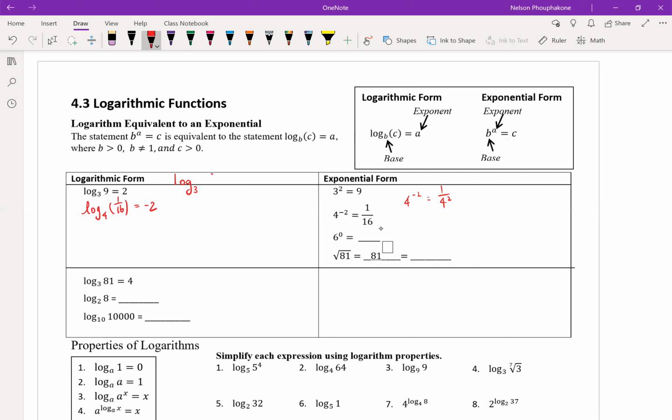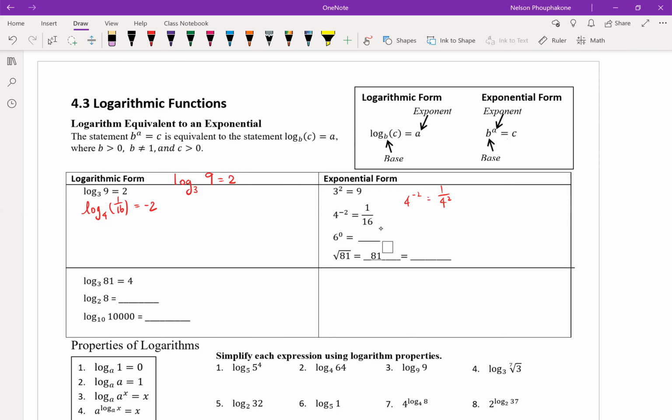Then 9 is at the same level as log, is equal to 2. The reason is I have some students who write it like this, so sometimes I have a hard time reading it as log of 39 equal to 2. So again, be careful about how you write log.